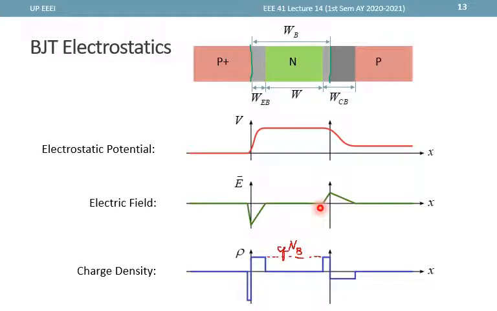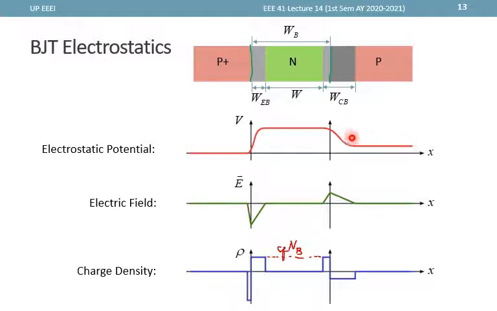And here the electric field is positive, so the electric field is pointing again from the N side to the P side. The electrostatic potential or voltage is the negative of the integral of this one, so we end up with a positive integral here that is quadratic, and then here the plot goes down.